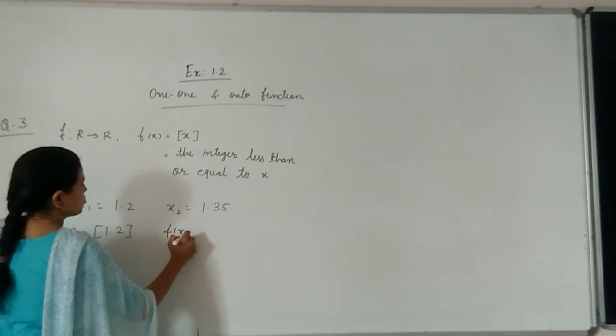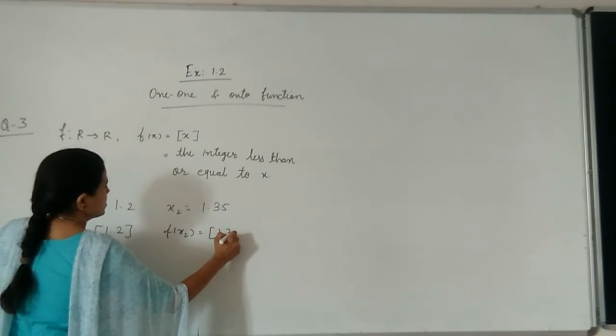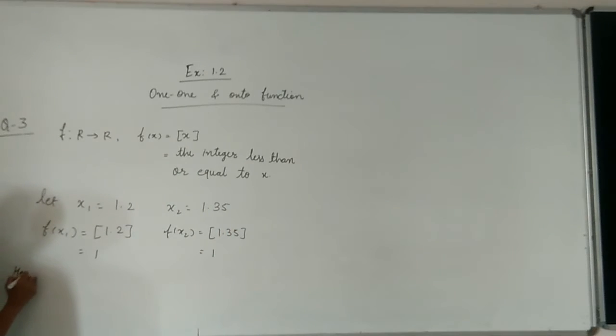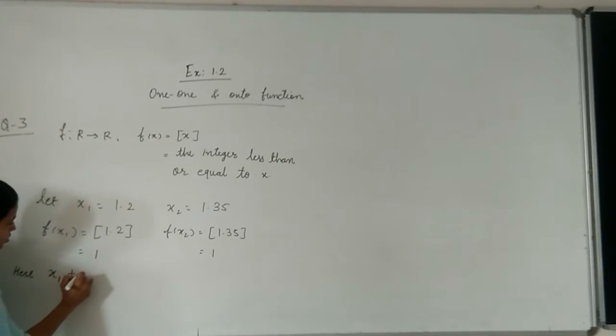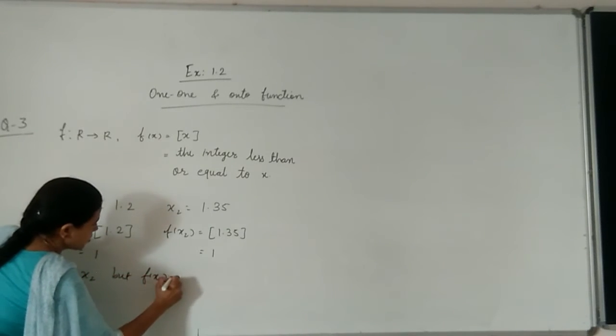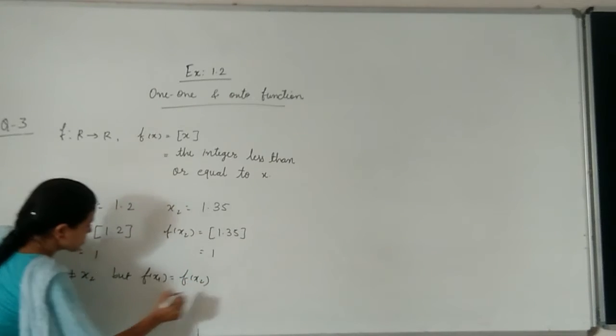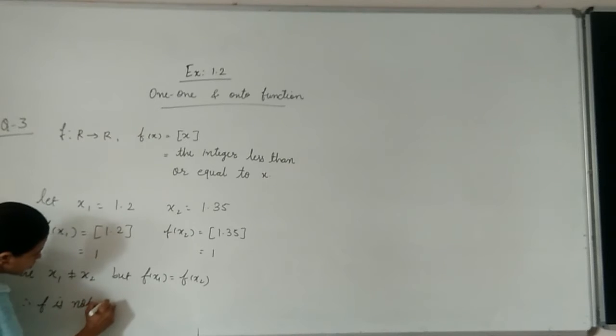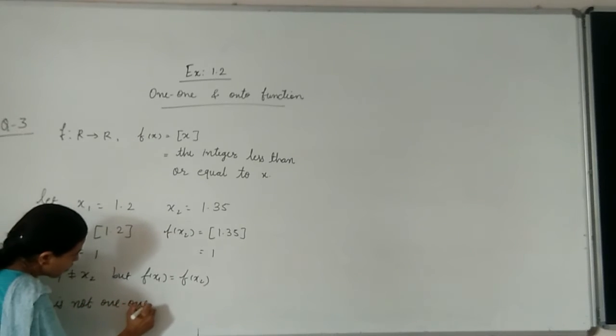Here f of x2, the greatest integer of 1.35, is again 1. So here x1 is not equal to x2, but f of x1 is equal to f of x2. Therefore f is not 1-1.